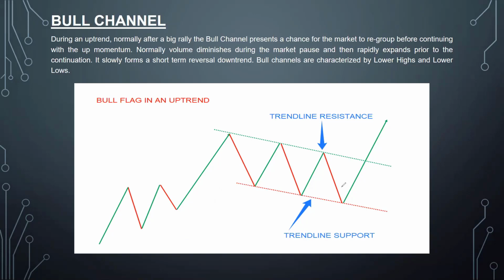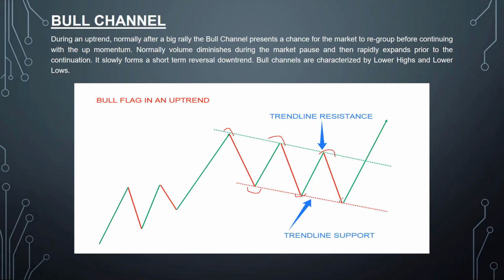In regards to a bull channel, it slowly forms a short-term reversal downtrend. Bull channels are characterized by lower highs and lower lows. As you can see in this illustration, we've got the trend line resistance to the upside, these are the lower highs, then the trend line support, which has the lower lows.